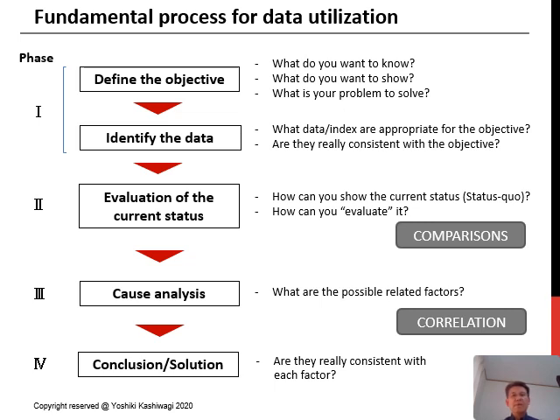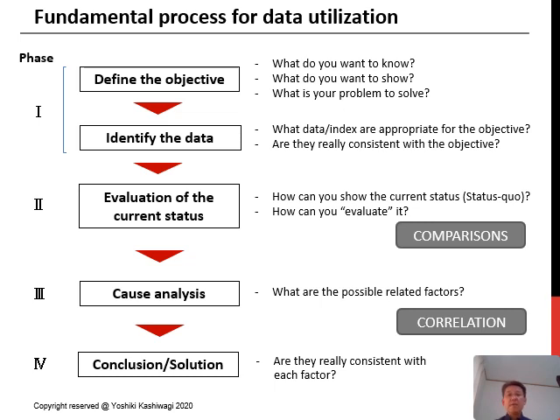And the second phase is evaluation of the current status. You do not just show the result or current status, but you have to do some evaluation. This is another key word in this class. The key questions are, how can you show the current status, which is also called the status quo?